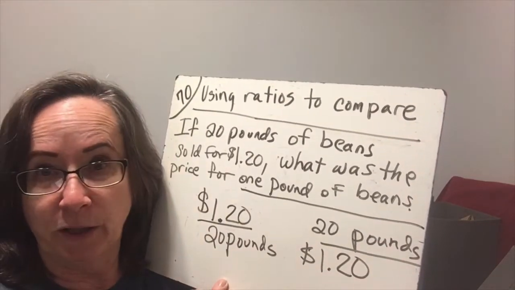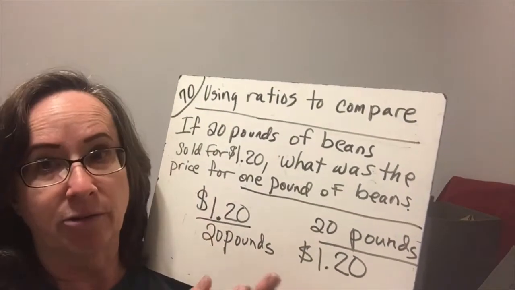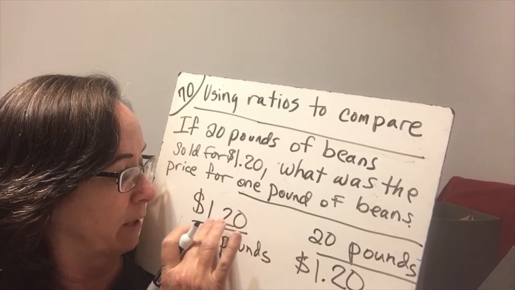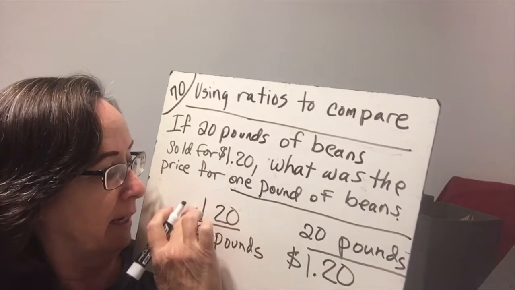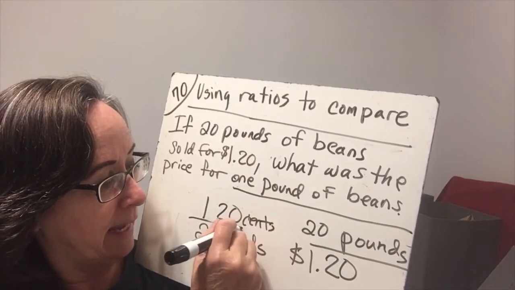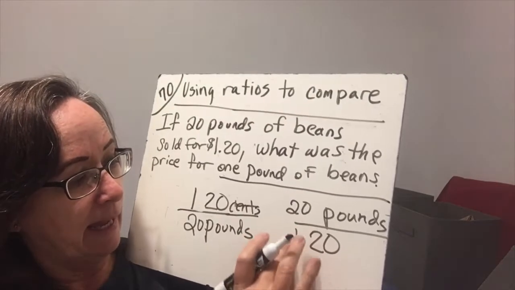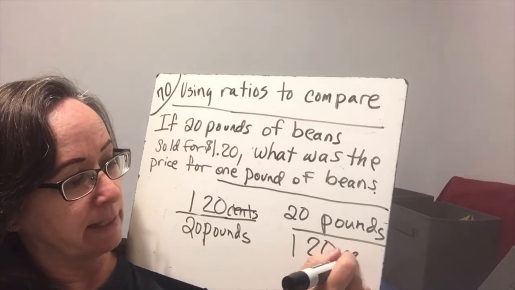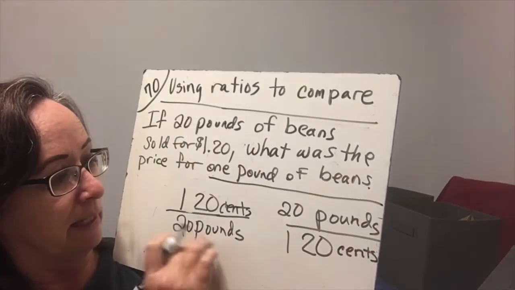So I'm going to go with your book and go ahead and change the $1.20 to 120 cents. So why don't we do that? We're going to take away the decimal, take away the dollar, and we're going to put cents here. And we're going to do the same thing over here and put it into cents. We're going to be consistent in both the left and the right.